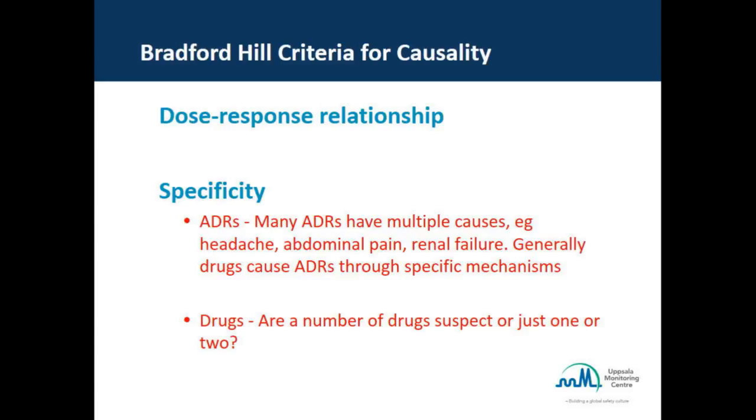And then for specificity, we've talked before about people presenting with headache or abdominal pain, or yesterday we talked about people presenting with renal failure, that these things have very many causes. And so it's a bit difficult to say you have a signal for a headache or abdominal pain or even renal failure if you don't know what's causing it, what the underlying pathology is.